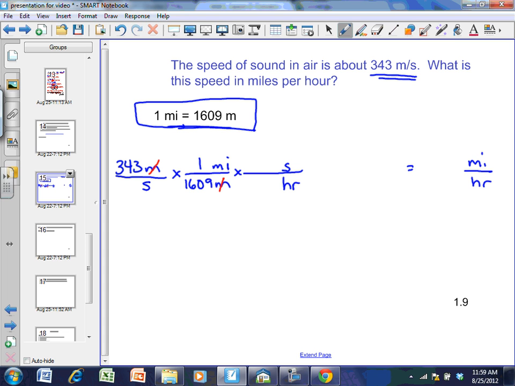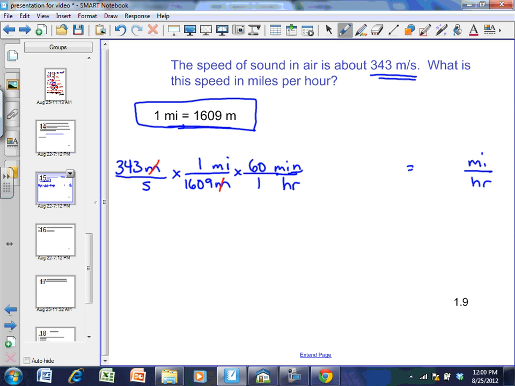Don't write 60 seconds in an hour, please. If you can't remember, convert it to minutes and then seconds. I'm going to do minutes first, because so many of you want to write 60 seconds is an hour, and it's not. It's 60 minutes is an hour.